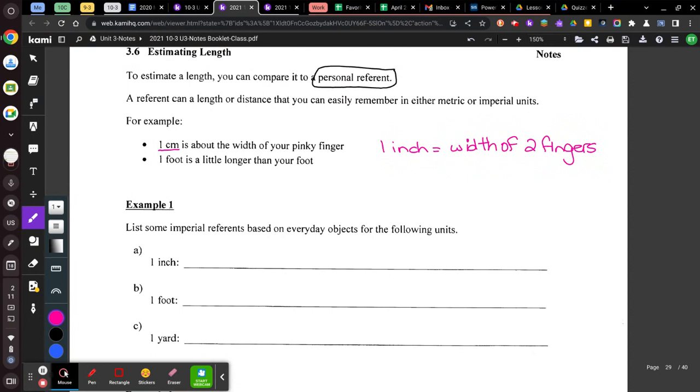If you wanted to check a different type of object, if you've got an object with you, what type of object could be looking like it? If I said an inch, well, we already said this one. This is the width of 2 fingers.